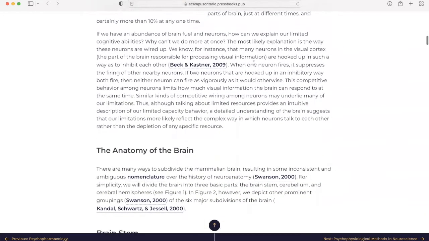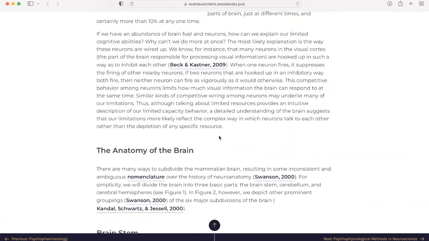So if we have an abundance of brain fuel and neurons, how can we explain our limited cognitive abilities? Why can't we do more at once? Well, it's most likely explained in the way these neurons are wired up. We know, for instance, that many neurons in the visual cortex, the part of the brain responsible for processing visual information, are hooked up in such a way as to inhibit each other. When one neuron fires, it suppresses the firing of other nearby neurons.